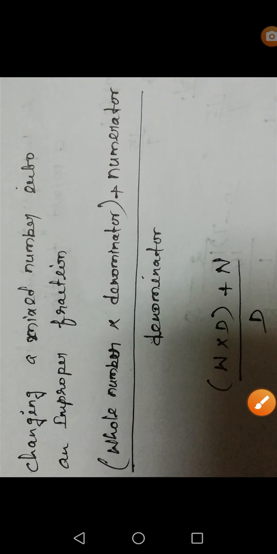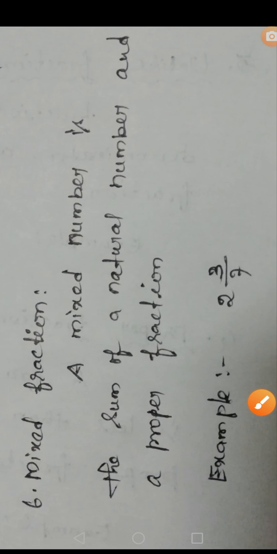Mixed fraction, how to convert to improper? Once again, recall the formula: W into D plus N divided by D. How to read? W into D plus N divided by D. The first one, 2, 1 by 3. The mixed fraction is given. How to identify the mixed fraction?